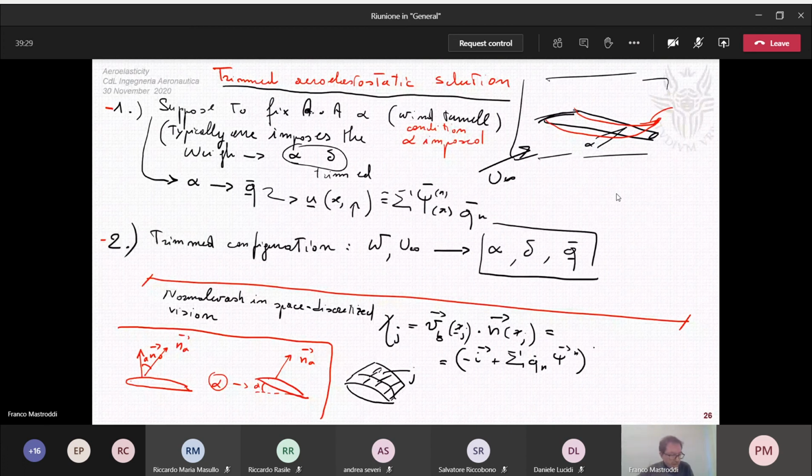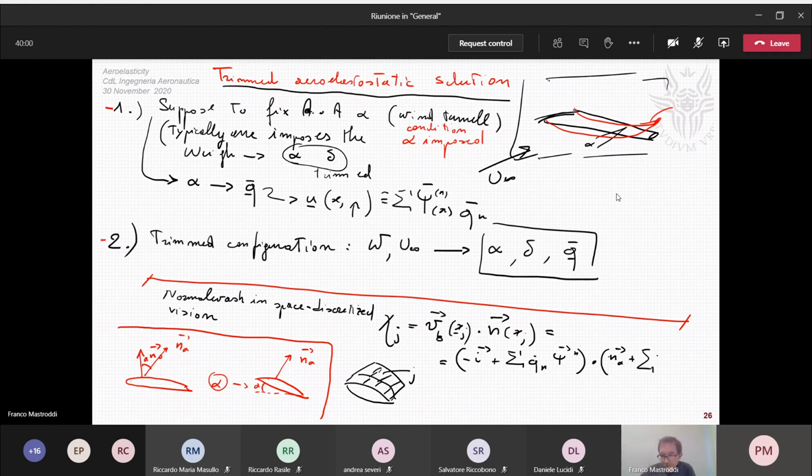and this vector has to be multiplied with the inner product to the normal, and you know that we have the normal as obtained in the rigid body, remember, but you have also rotation, so we have n alpha plus a contribution given by the deformation.